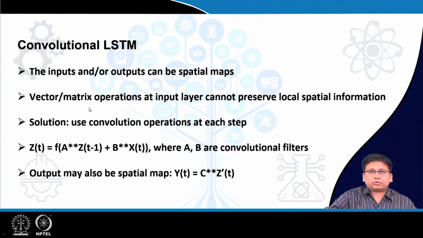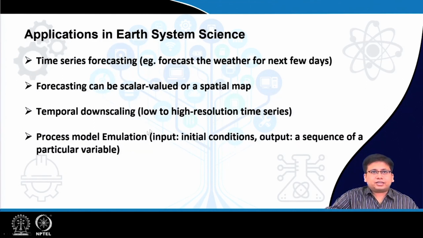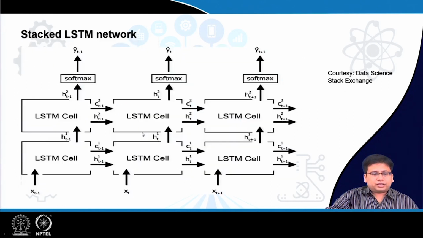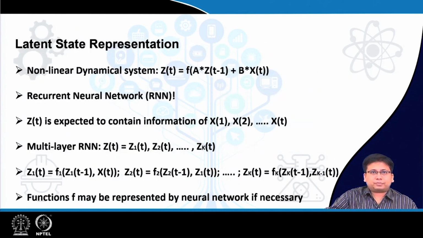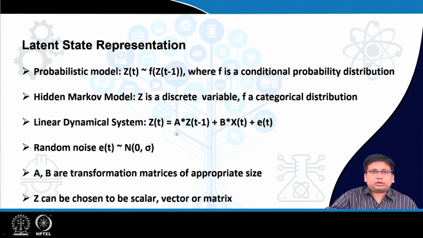So just like we talked about the stacked RNN, we can have stacked LSTM also, and we can also have convolutional LSTM for the special situation where the inputs or the outputs are spatial maps. So if these inputs, instead of being vectors or matrices, are spatial maps, then, as we earlier talked about the input operations being something like this, where this is the system state and this is the input, there are some transformation matrices where this multiplication takes place.